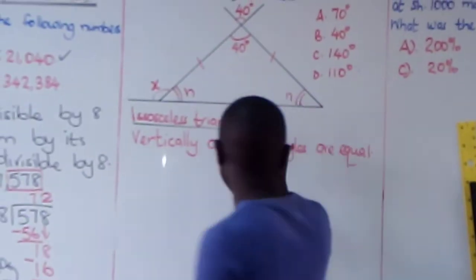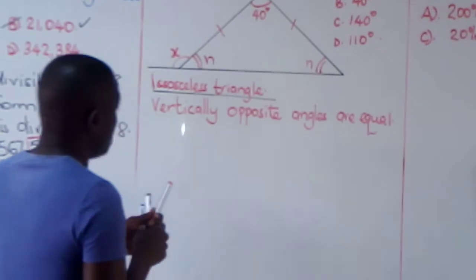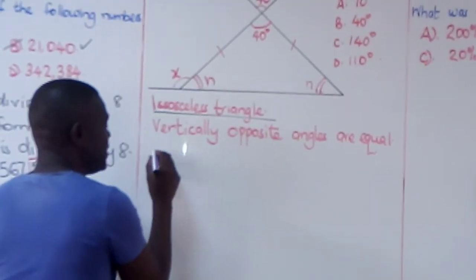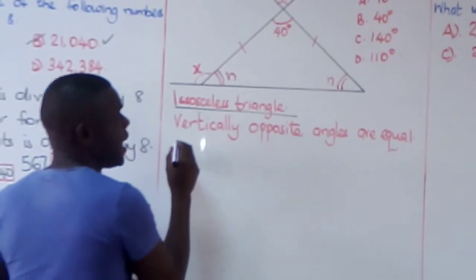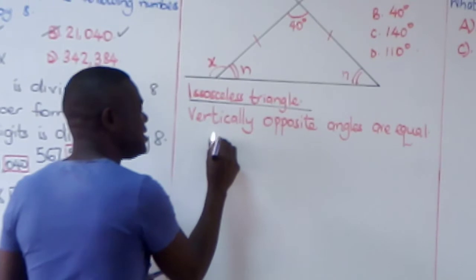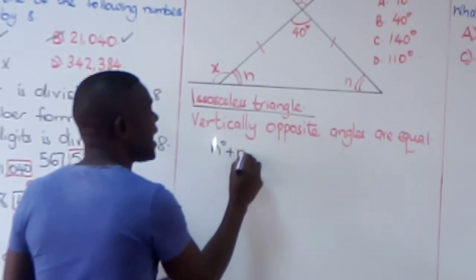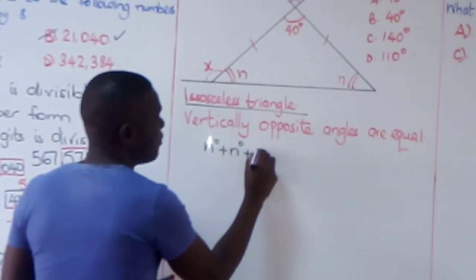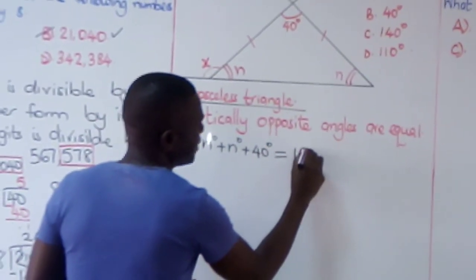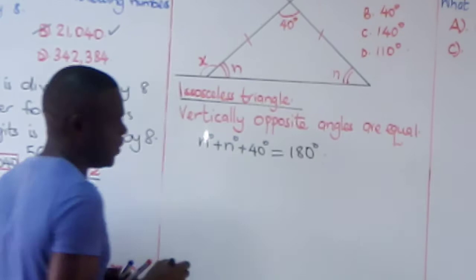Okay, let's look at that. And so we want to find their value. Look at that. Angles in a triangle add up to 180 degrees. That means n degrees plus n degrees plus 40 degrees should give us 180 degrees. I hope you understand that.